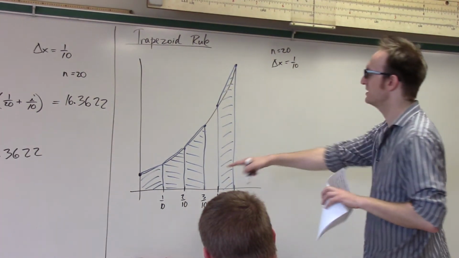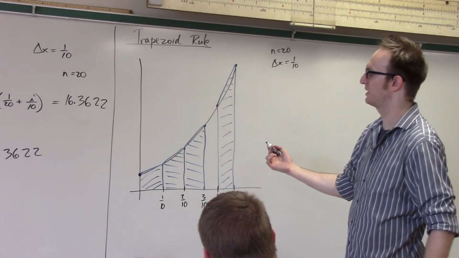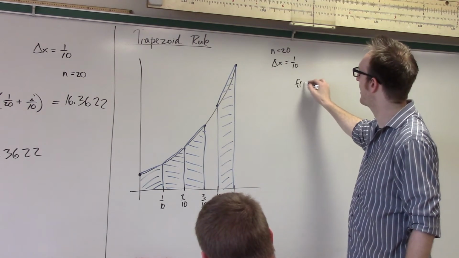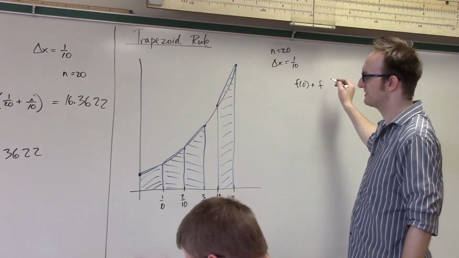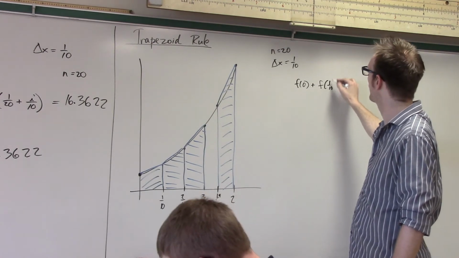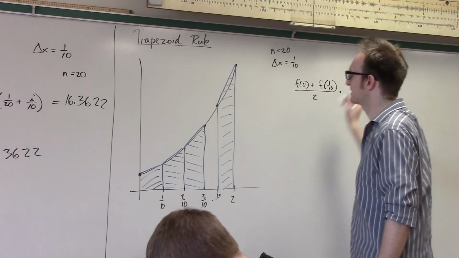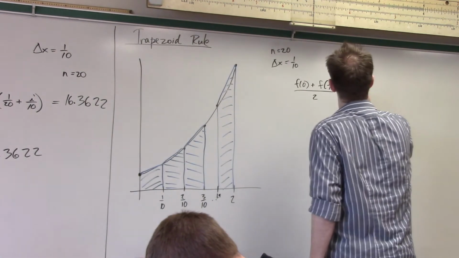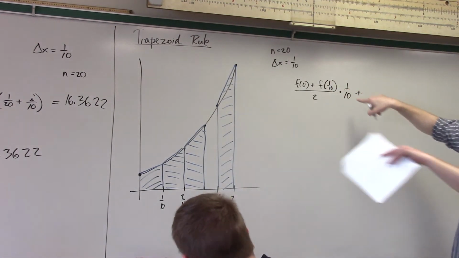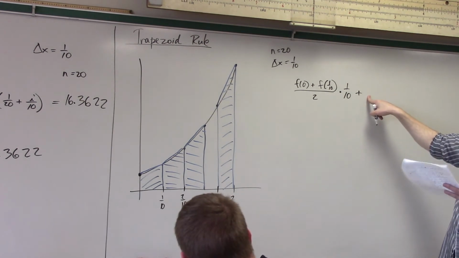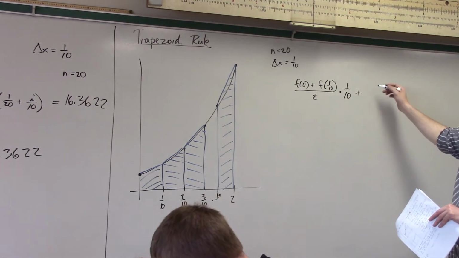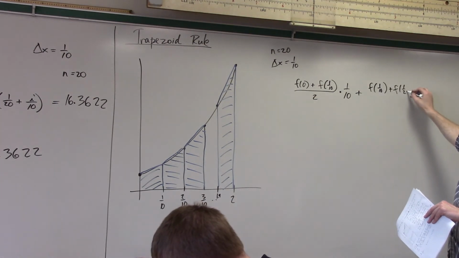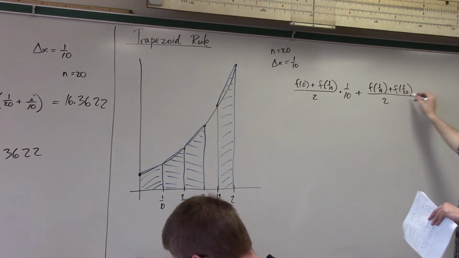All right. So what is the area of that first trapezoid? Well, the bases are f of 0 and f of 1/10, over 2, times what's the height of the trapezoid? 1/10. It's the distance between the bases. Then the second trapezoid has area f of 1/10 plus f of 2/10, over 2, times 1/10.